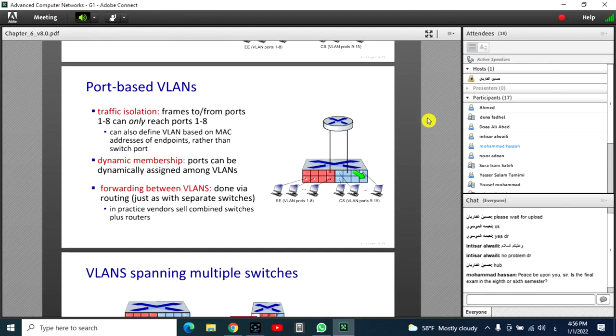Okay, it's another option, an alternative option, defining a VLAN over MAC addresses, not over interfaces or something like that. Okay, but totally I can say that the switch has to isolate the traffic based on the defined VLANs.